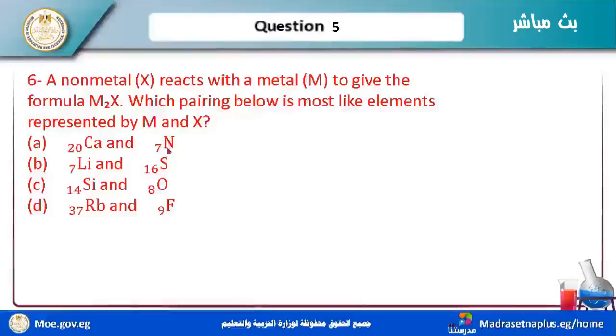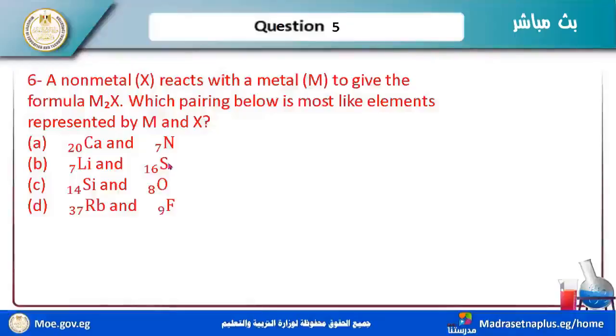Nitrogen, no, it is trivalent, because its configuration is 2s2 2p3, so it needs 3 electrons to complete the outermost energy level. Sulfur is divalent, right? Yes.